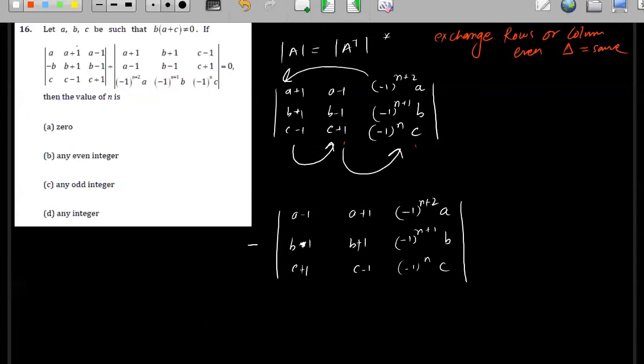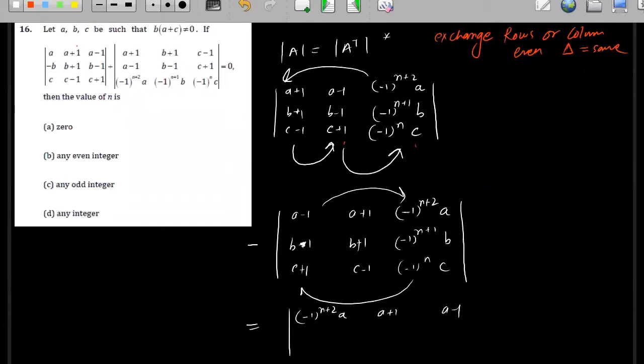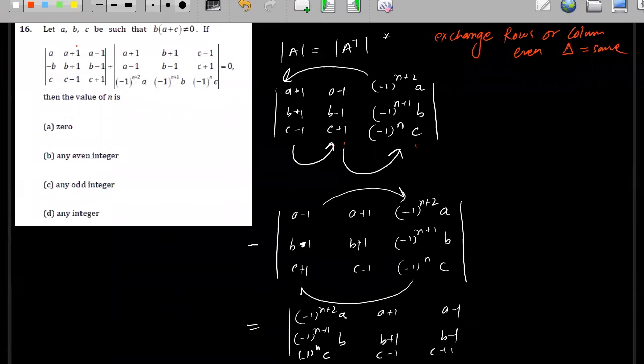Again if I change the first and the third, this will again become plus, and this whole thing will transform into minus 1 to the power n plus 2 a, a plus 1, a minus 1. This will become minus 1 to the power n plus 1 b. This is b plus 1, this is b minus 1. This is minus 1 to the power n c, c minus 1 and c plus 1.